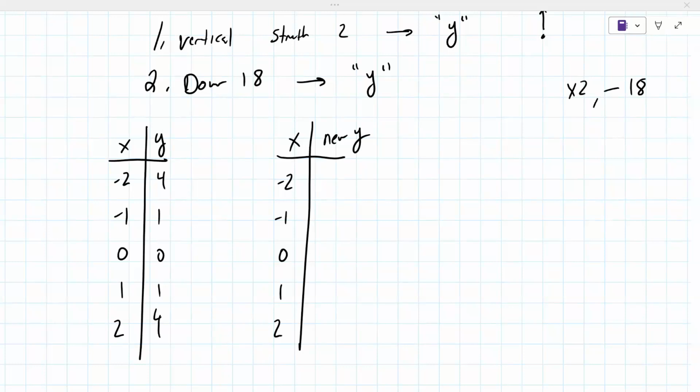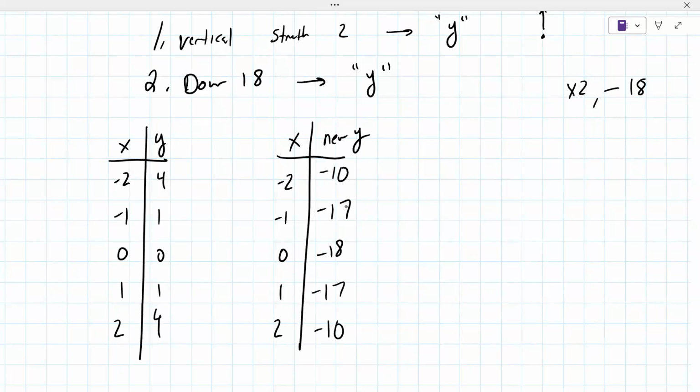So let's see. -2, -10. -1, -17. 0, -18. Good. -17 again.